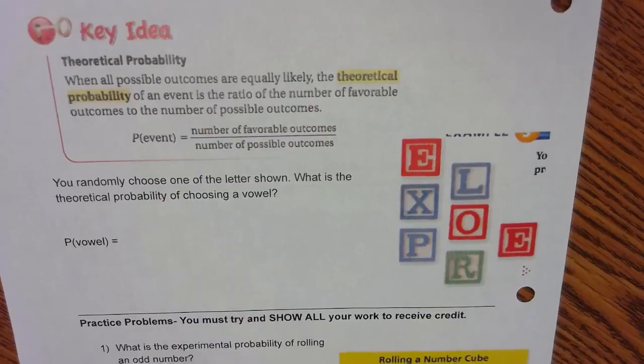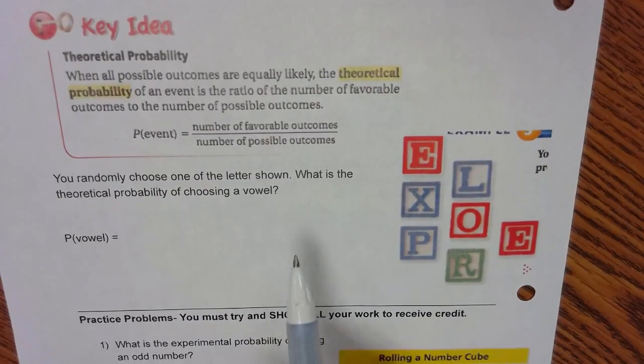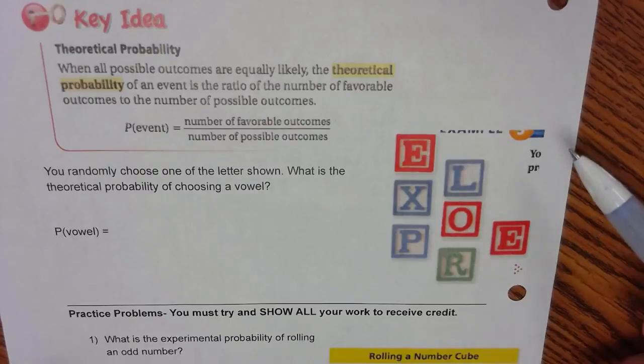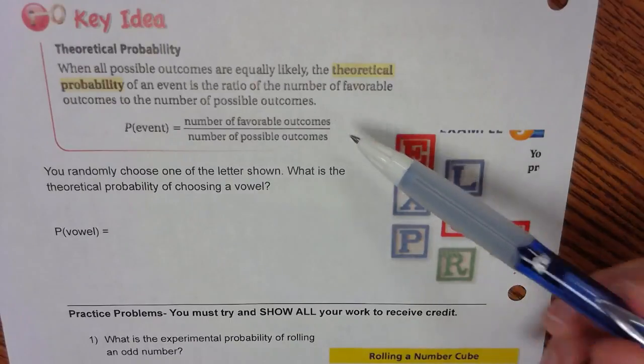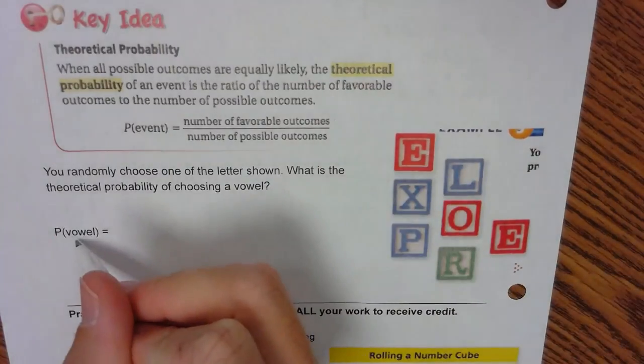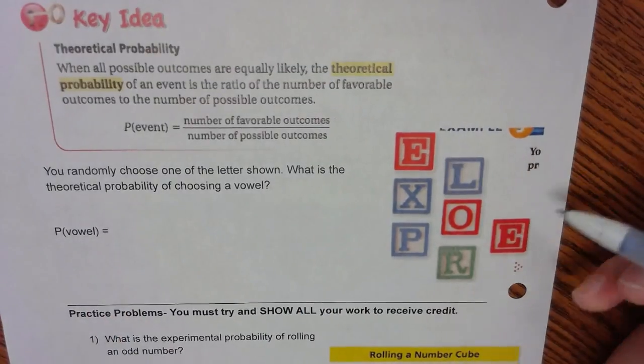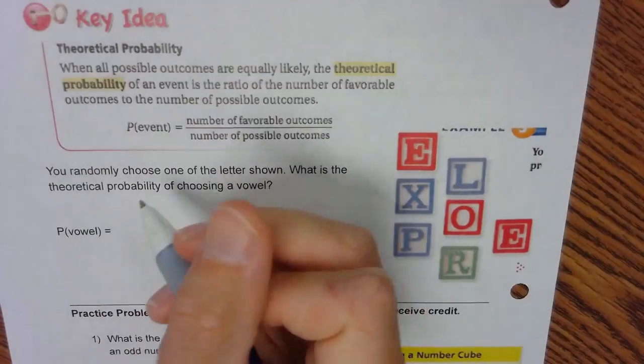It says I randomly choose one of the letters shown. What is the theoretical probability of choosing a vowel? I have these letters over here. First, I need to figure out how many vowels there are, because those are the favorable outcomes, since that's what I'm looking for. I have E, O, and E. That's 3 vowels.